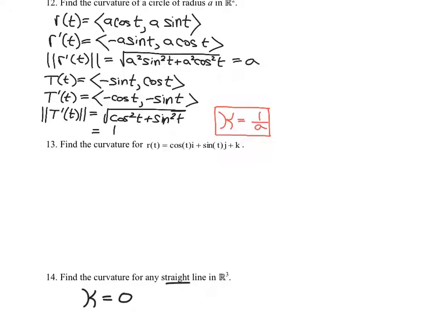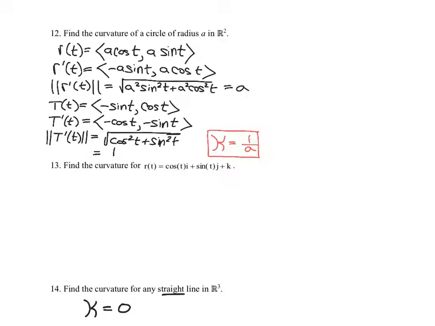But then you have the circular helix, which involves a little bit more, but nothing too crazy, because my r prime of t is going to have a lot of the same base elements as it did in number 12. So negative sine t, comma, cosine t, comma, 0. So r prime of t's magnitude is going to be the sum of these squared values.